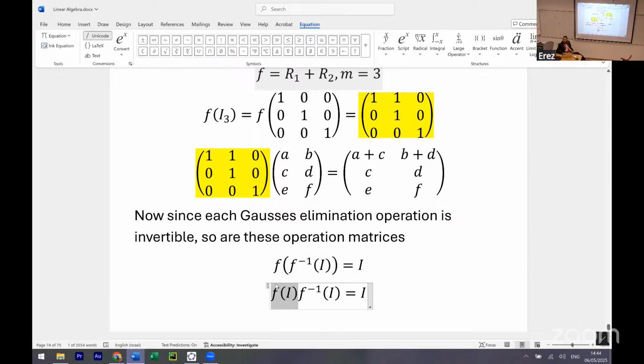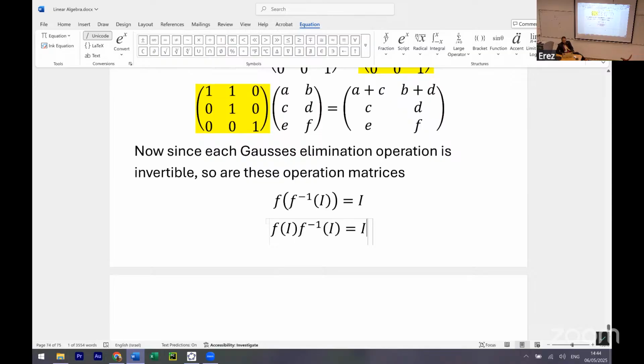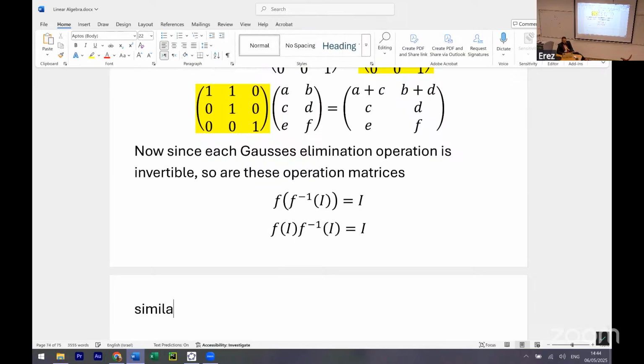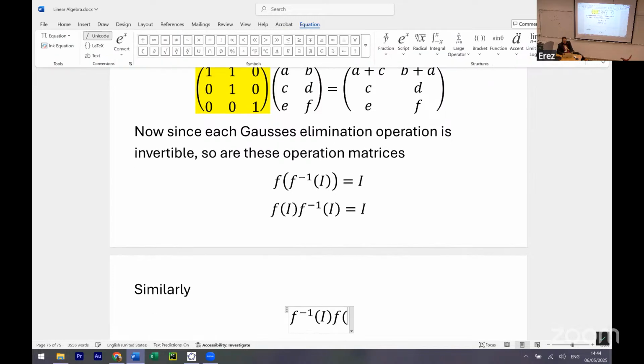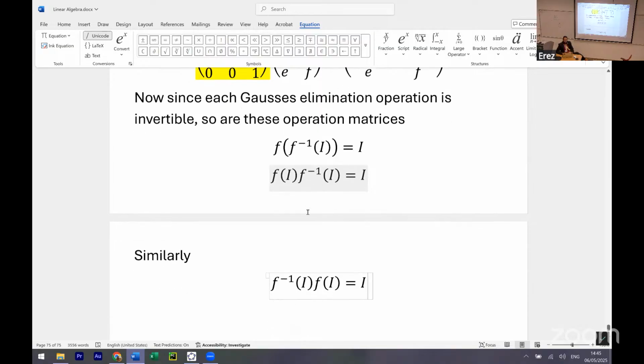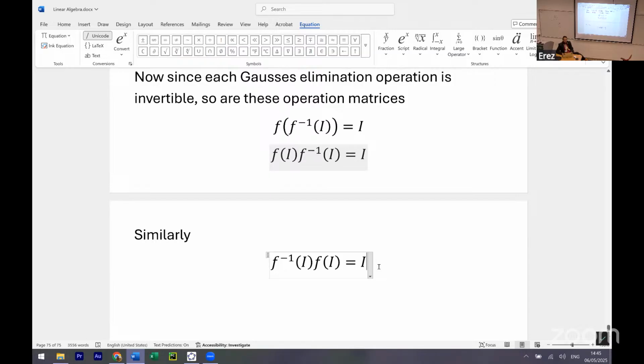So we see that the multiplication of these two matrices is I. And similarly, f inverse of I times f of I, meaning do both operations on the identity matrix, is also I. This means these matrices are the inverse of each other. And why does that help me?